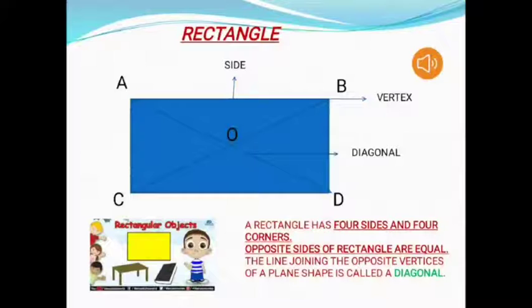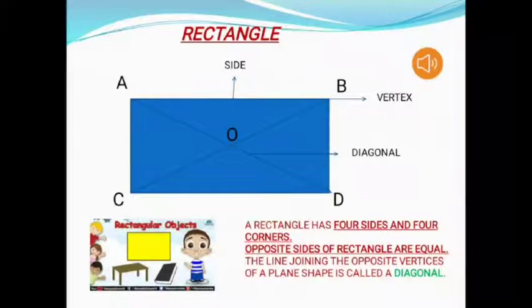The opposite sides of the rectangle, that is AB, are equal to CD, and the other pair of sides, that is AC, is equal to BD.